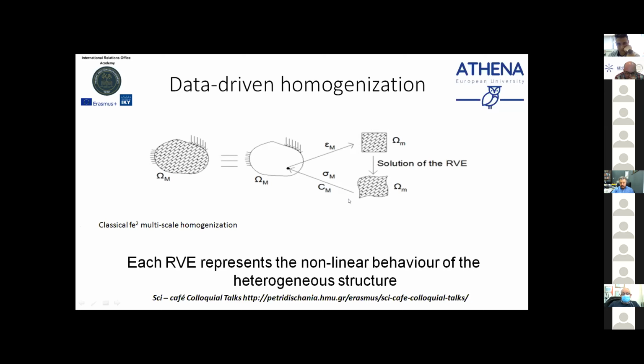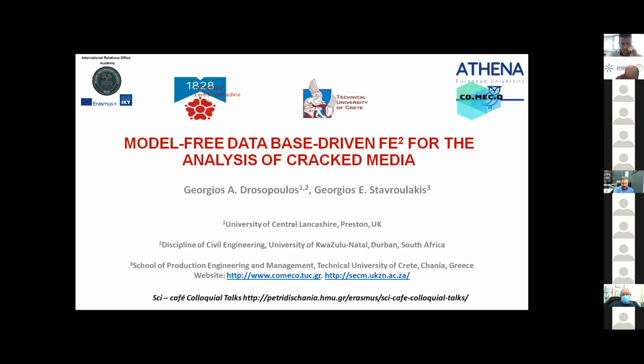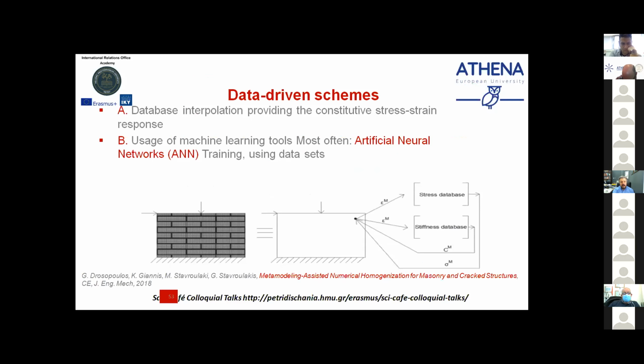And by using a database, which can be created separately before the calculation, by using finite elements, by using experiments, whatever. Well, this is the proposed method, developed together with my student, Dr. Drosopoulos, who has been in Crete for a while and then did a career. He is now lecturer in the United Kingdom.